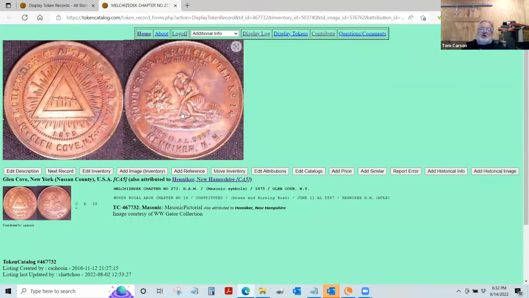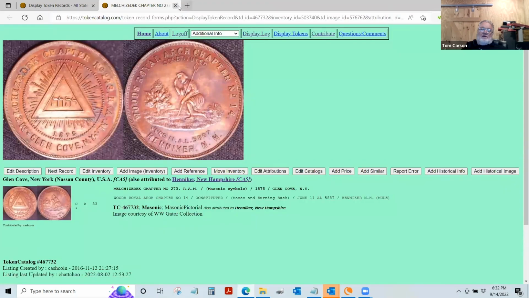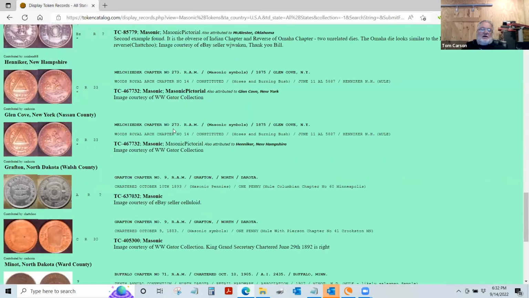It didn't mention on that 2x2 that the reverse of it was Woods chapter number 14 out of Henniker, New Hampshire. And as far as I know right now, this is the only one of this mule known. Really nice one.